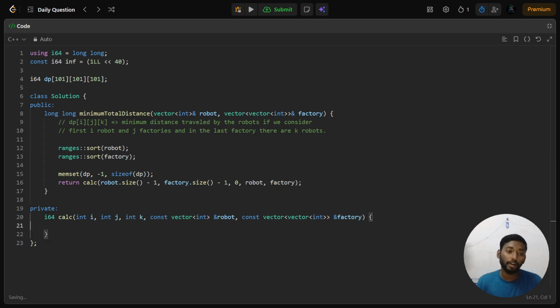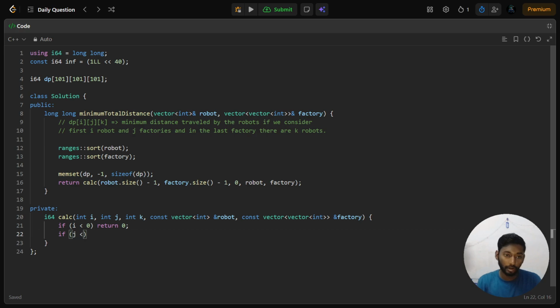So now we have to write the base case. If we have no robot, like i less than 0, that means basically here i is the index of the last robot we are considering and j is the last index of the factory we are considering. So if i less than 0 means we don't have any robots, so the distance covered by them will obviously be 0.